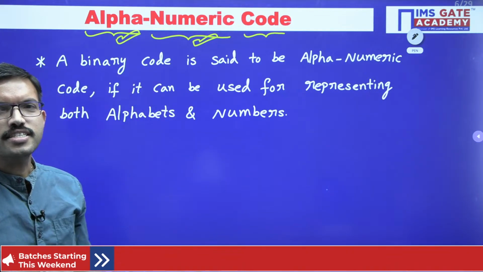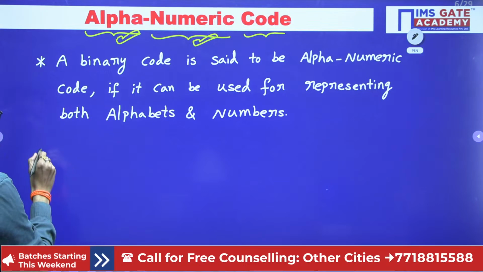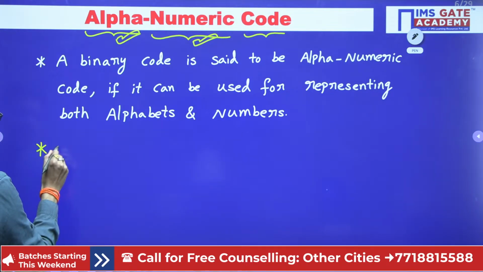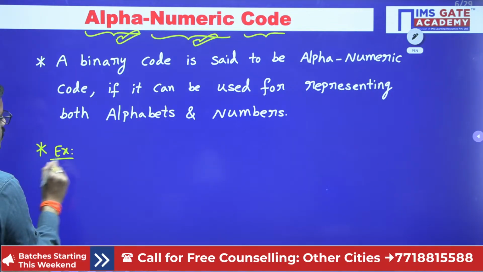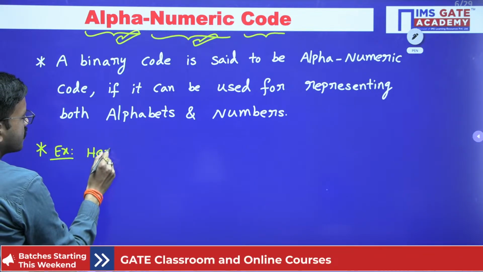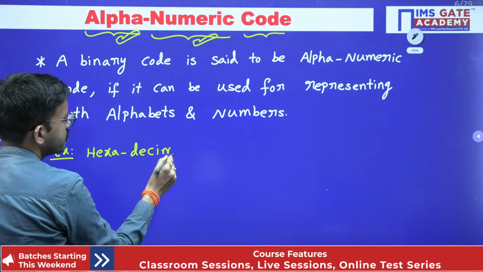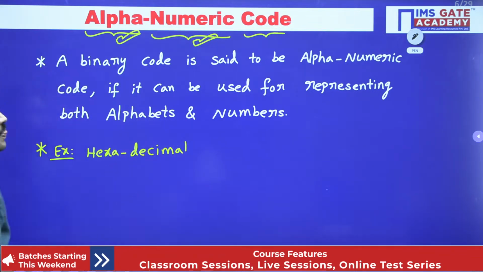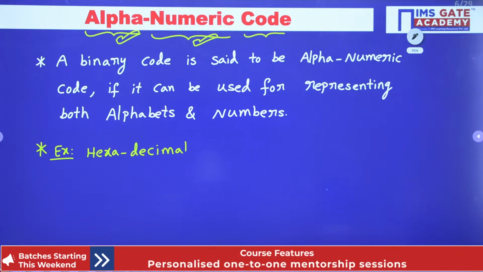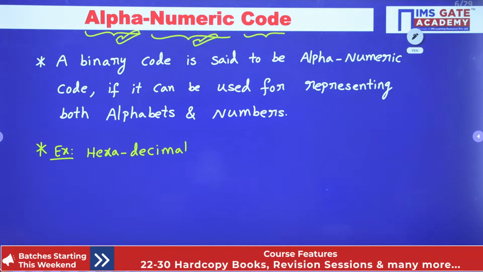Now, with this understanding, all of you please think and reply whether the hexadecimal number system is an example for alphanumeric code or not.